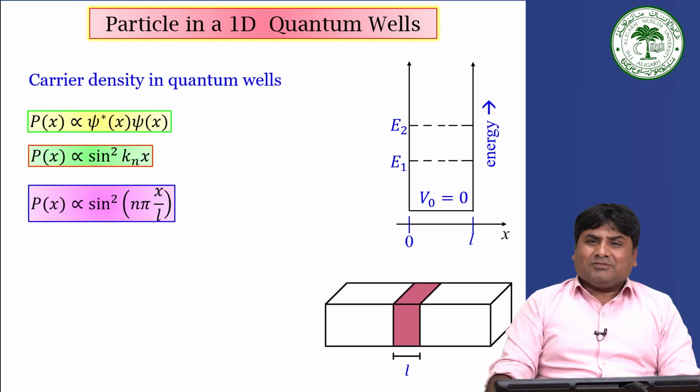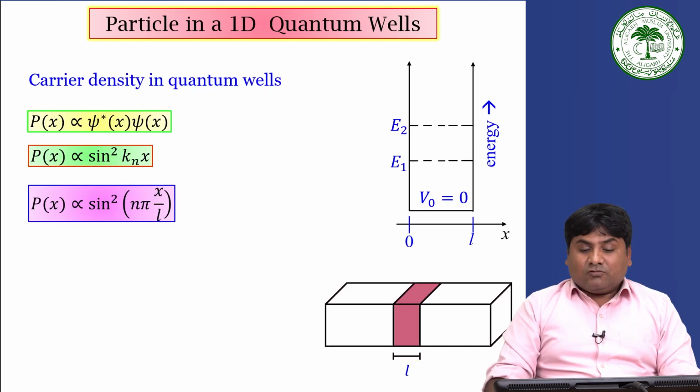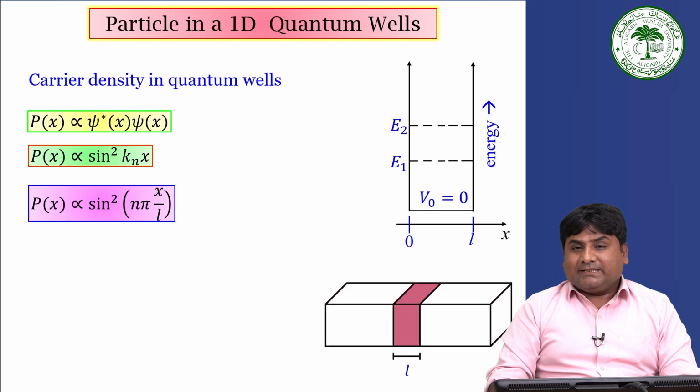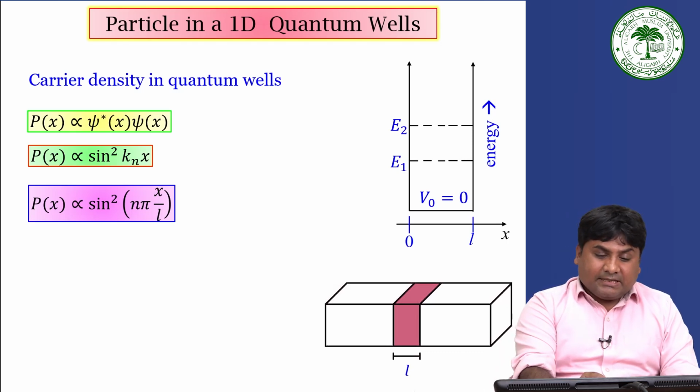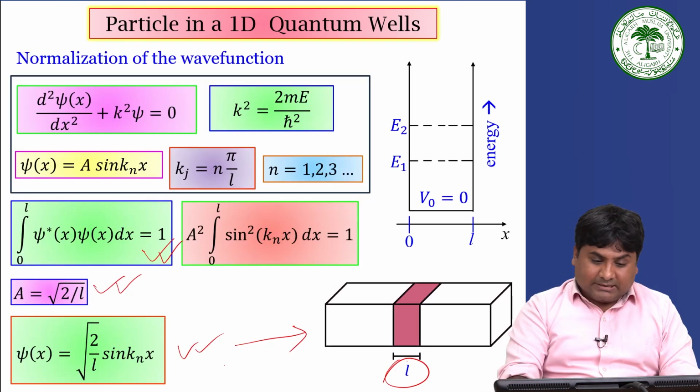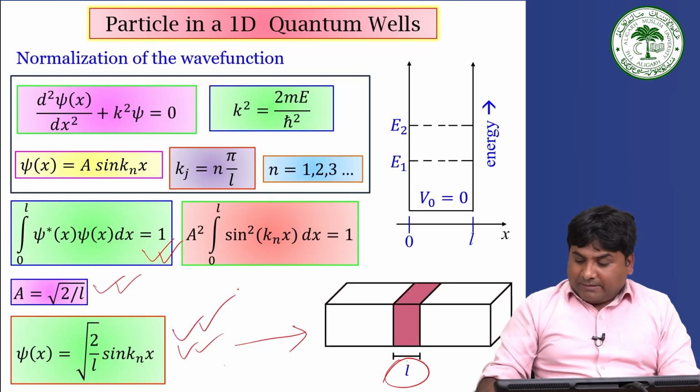Now, how do you calculate the carrier density in quantum wells? From your previous knowledge, you already know that carrier density means the probability of finding the electron. So Px is proportional to psi star x psi x, and your wave function is this one, so you apply it here.